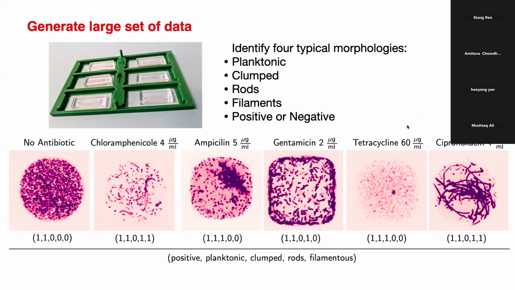But if the droplet is positive, then we could identify 4 different morphologies: planktonic, ones with filaments, ones with rods, which are very short filaments, and ones with clumped cells. And so depending on the droplet, you could see very different morphologies. And these morphologies, we think, are really a signature of the mode of action of the different antibiotics.